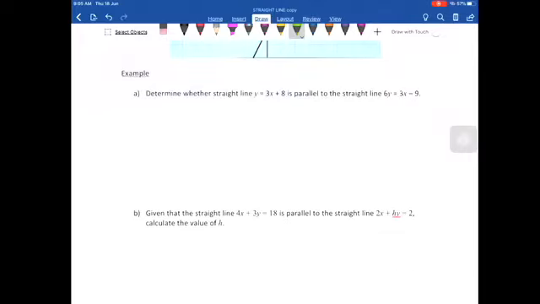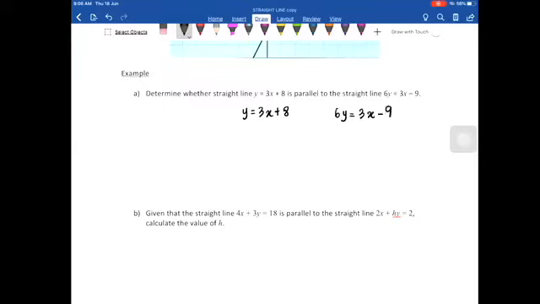Determine whether straight line y equals to 3x plus 8 is parallel to the straight line 6y equals to 3x minus 9. Saya ada dua line, dia tak lukis. Y equals to 3x plus 8. Satu lagi adalah 6y equals to 3x minus 9.